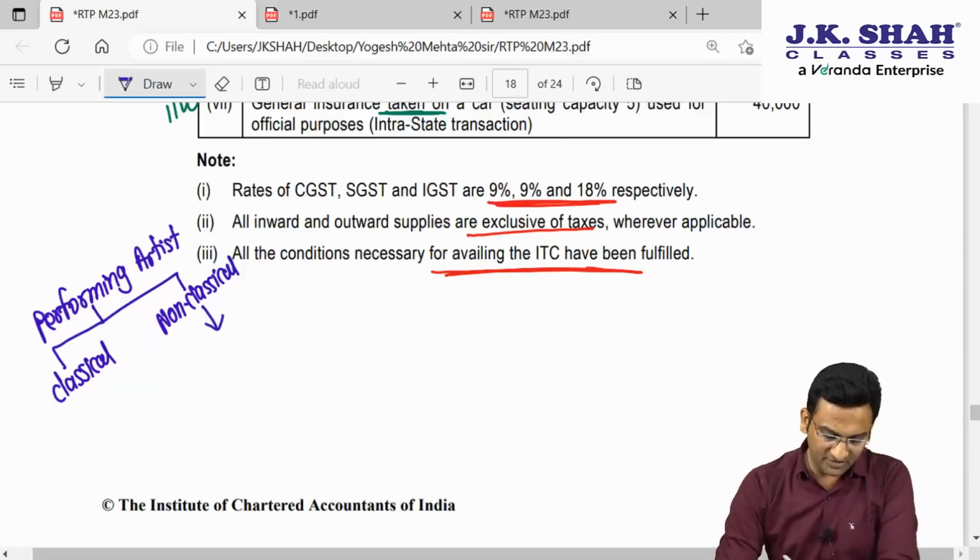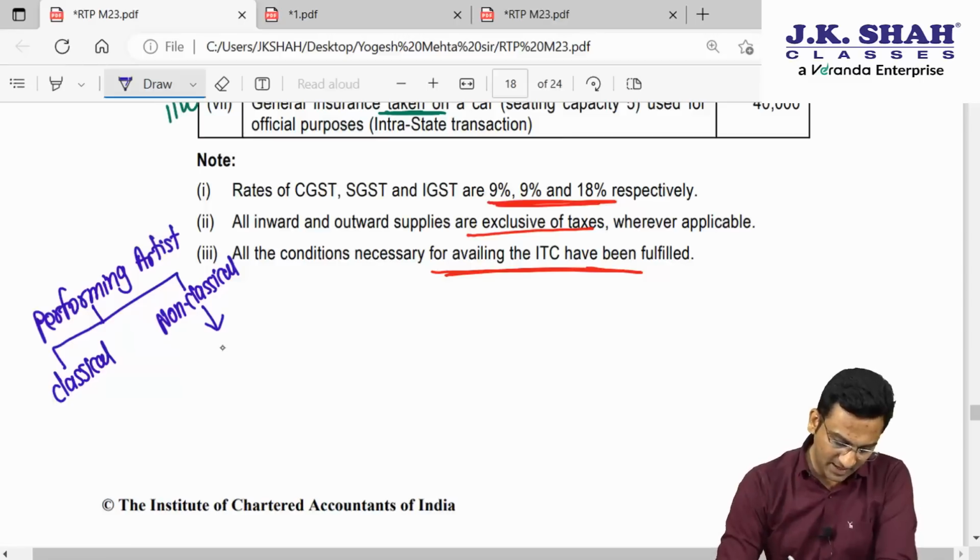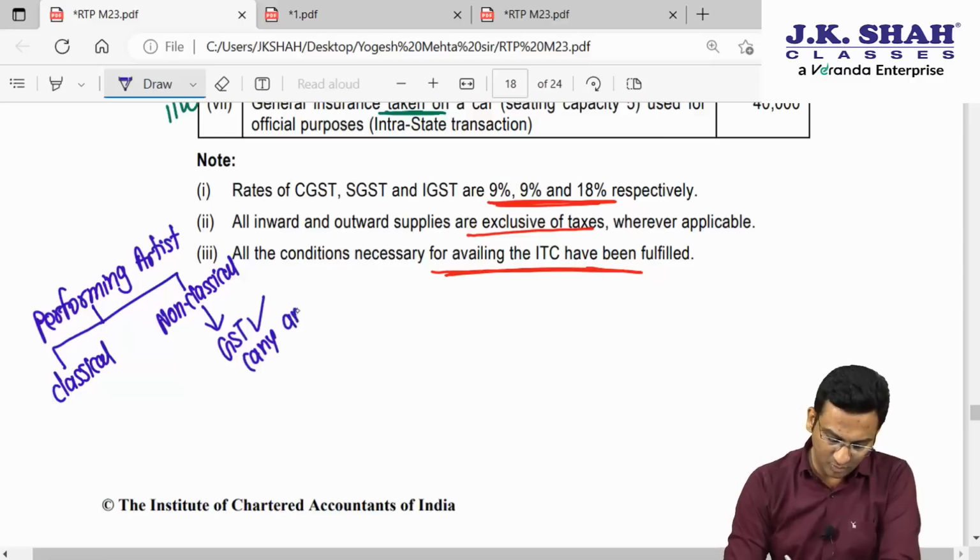If the performing artist is giving a performance in relation to non-classical art, then GST is taxable, even if the transaction is of any amount.